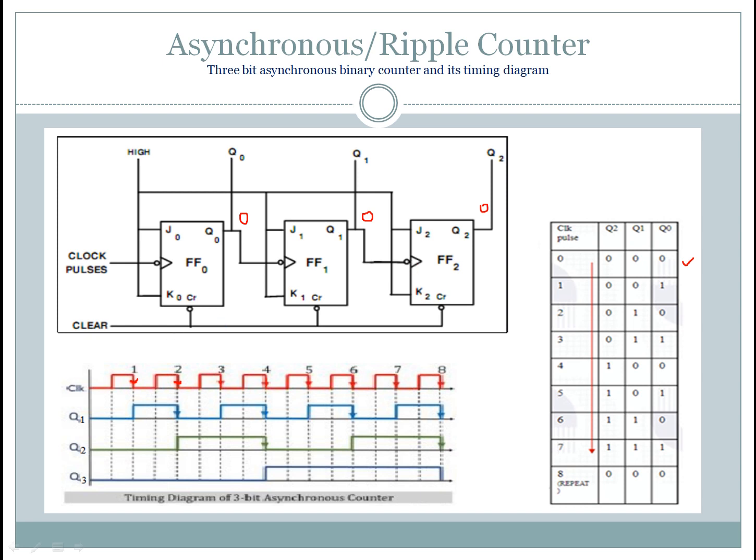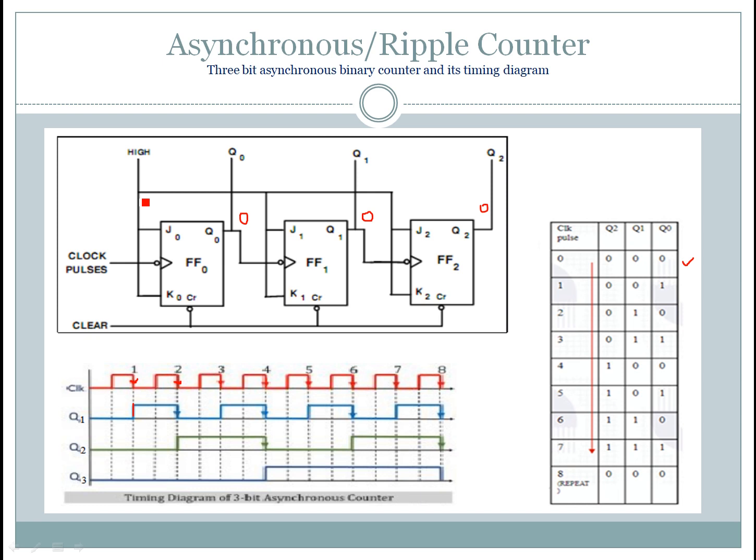So when you apply the clock pulses to the very first flip-flop, this flip-flop changes its state only during the negative edge of the clock pulse, that you can see here, the very first negative edge of the clock pulse. So Q0 will change its state from 0 to 1, because J and K both are connected to high.